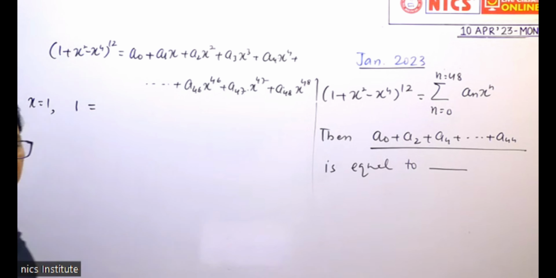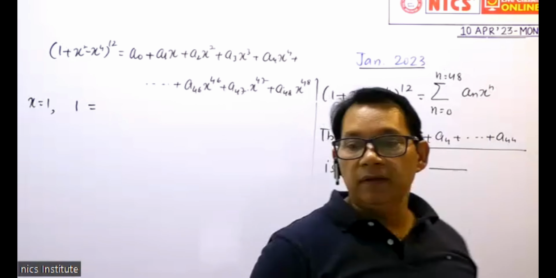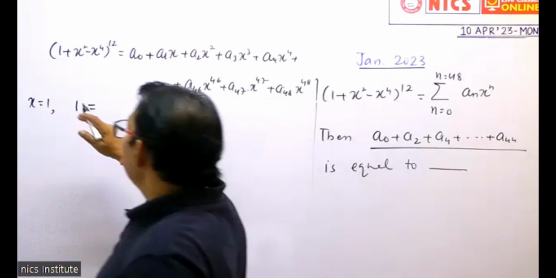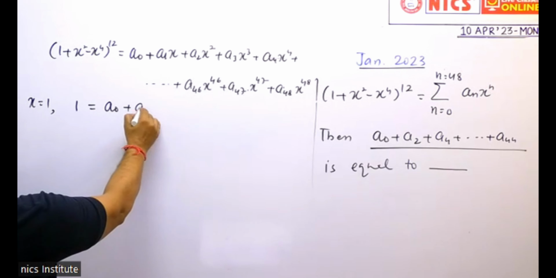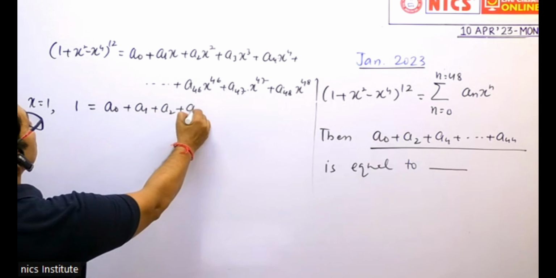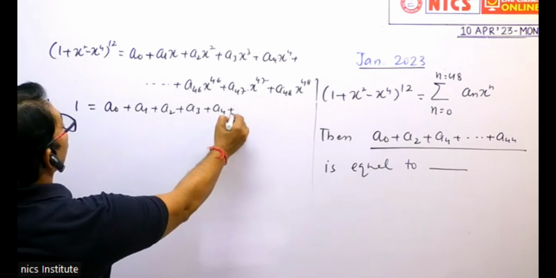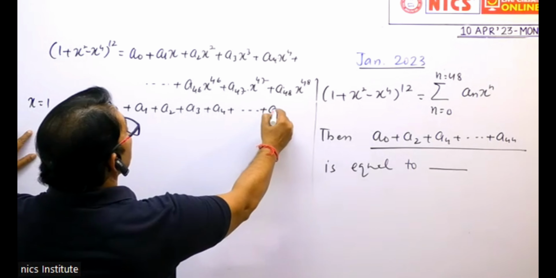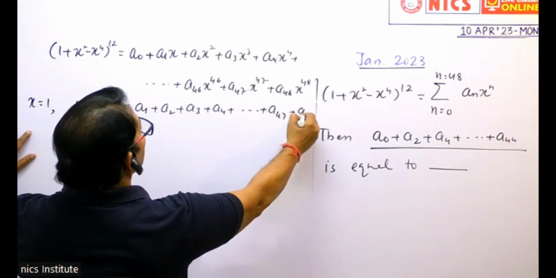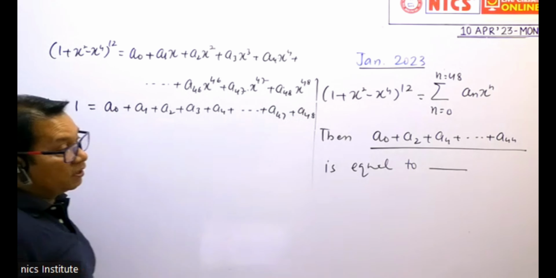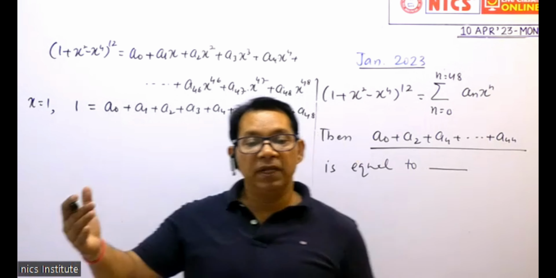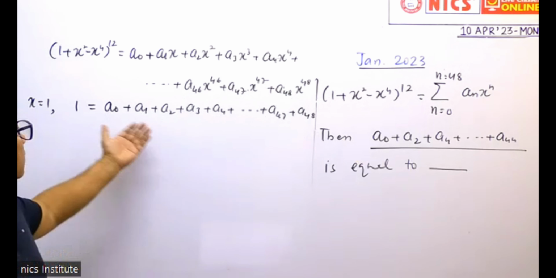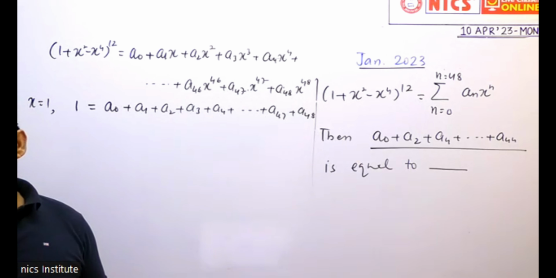On the right hand side, we have a₀, a₁, a₂, a₃, a₄ until a₄₇, a₄₈. Suppose the question was to find the sum a₀ to a₄₈, the answer would have been simply 1.